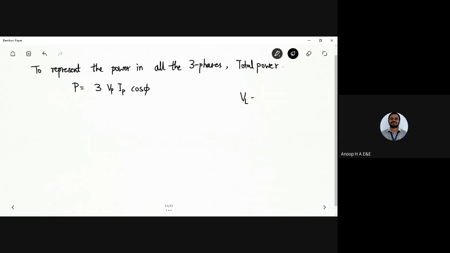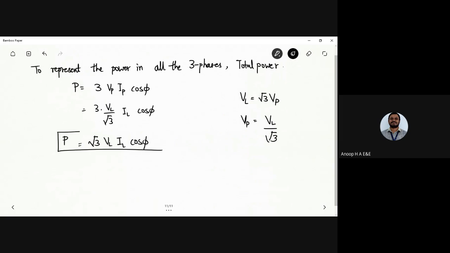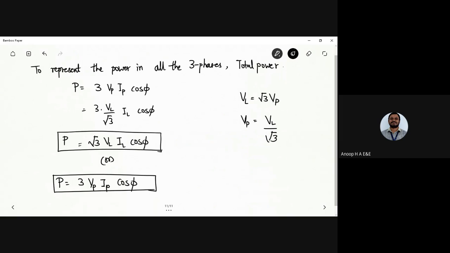We have VL equal to root 3 into VP, so VP equals VL divided by root 3. So that is 3 into VL divided by root 3 and IL into cos phi, which is root 3 VL IL cos phi. So P will be equal to root 3 into VL IL into cos phi, or in terms of the phase voltage, 3 into Vp into Ip into cos phi.